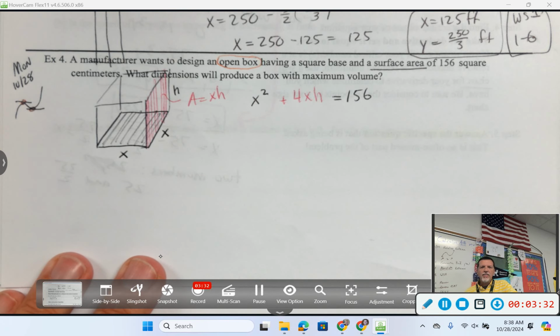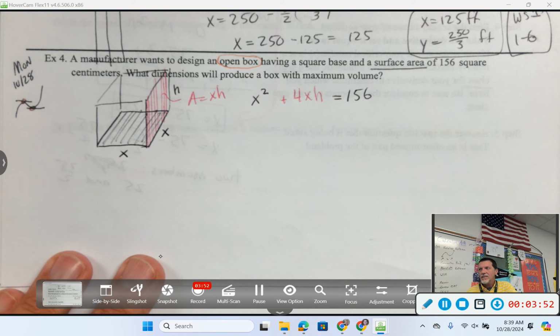Okay, but would you say that's our secondary equation, or is that our primary equation? Do you remember what those words mean? Primary is the one that we're going to maximize, the one that we'll take a derivative of. Secondary is like the helper that will help us get an answer. So are we going to take a derivative of that one? Is that what we want to maximize?